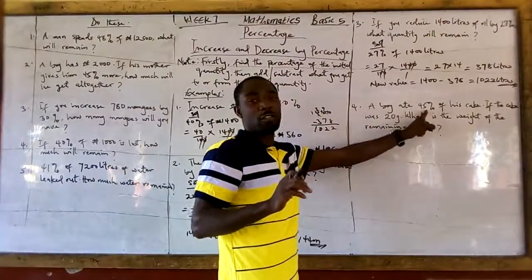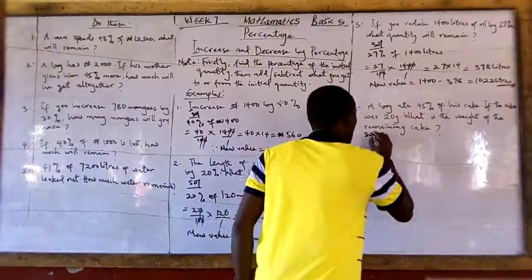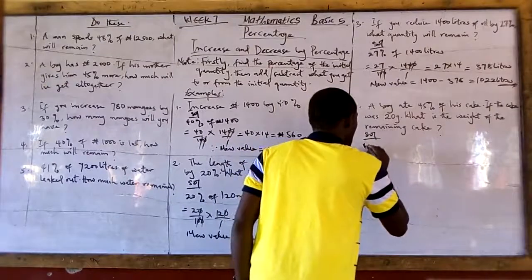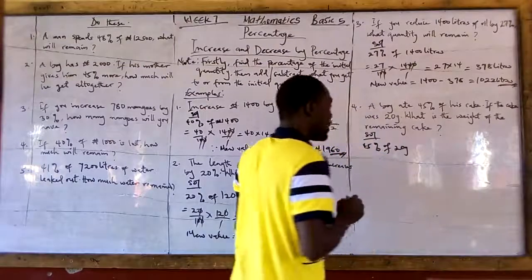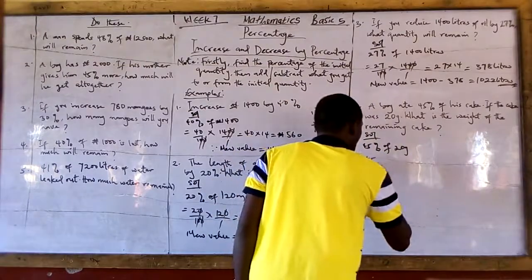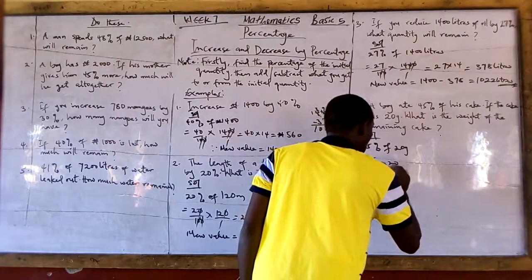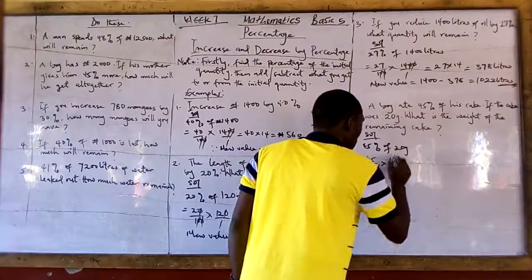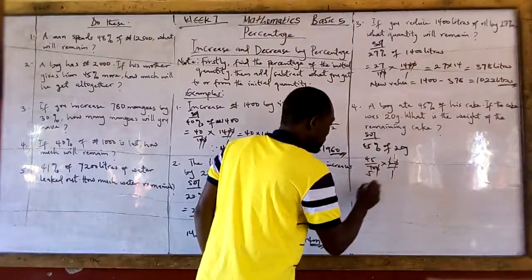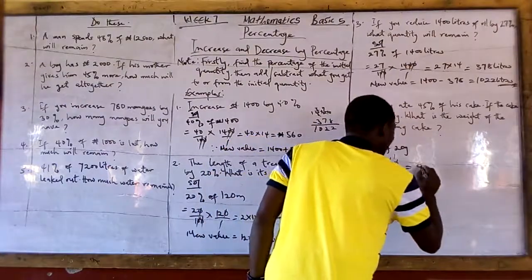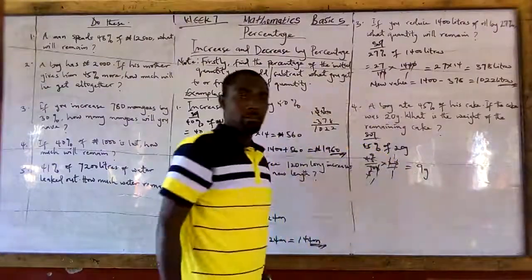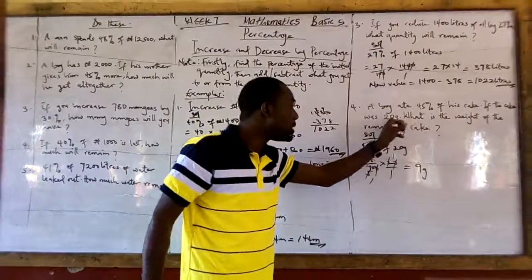So 45% of 20 grams of cake will be 45 over 100 times 20 over 1. 0 cancels 0. 2 fives are 10... 5 fours are 20. Which equals 9 grams. That is 45% of this 20 grams.